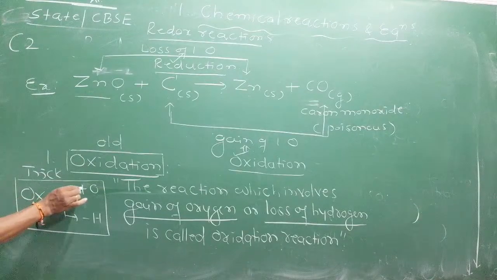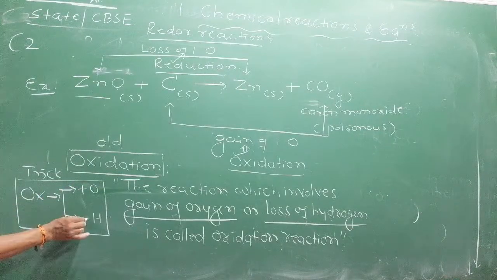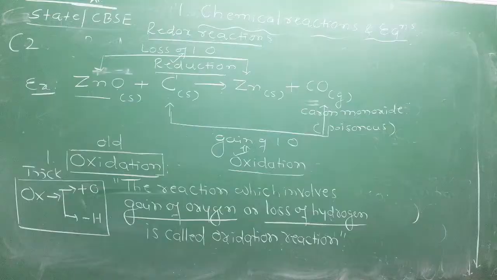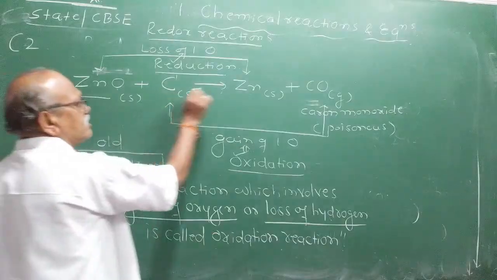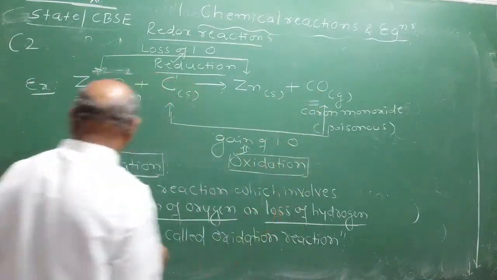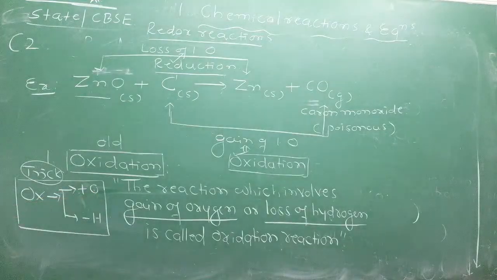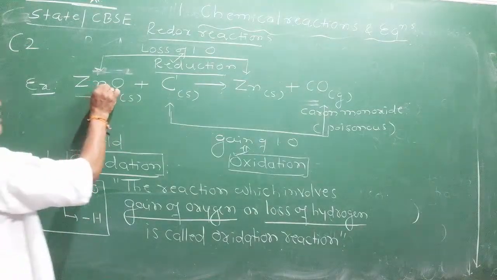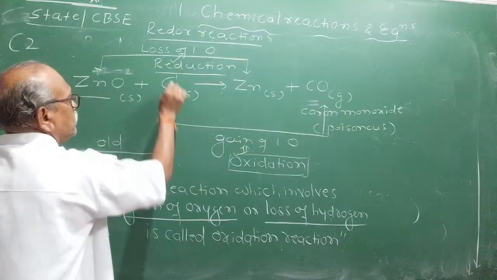Ox is addition of oxygen, minus represents removal of hydrogen. Keep this in your mind, that will help you. In this reaction, which is oxidized? Carbon has gained one oxygen atom, therefore it is oxidation. Zinc oxide, loss of oxygen, is called reduction.